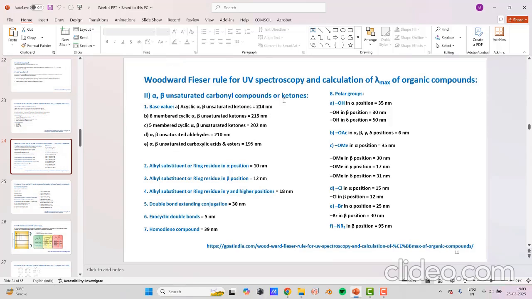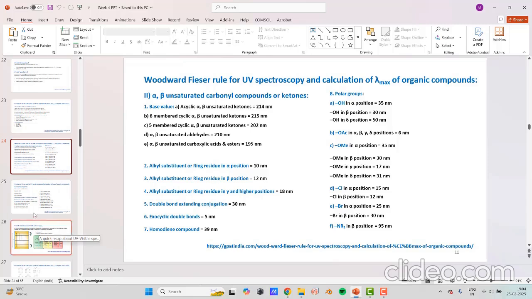For example, if a ketone is present at alpha or beta position in a cyclic molecule, or in aldehydes or carboxylic acids, in those cases we need to take these kind of base values. Then if an alkyl substituent is there in a ring or alpha position, we need to add 10 nanometers. If it is in a beta position, then 12 nanometers. So these are all standard values we need.